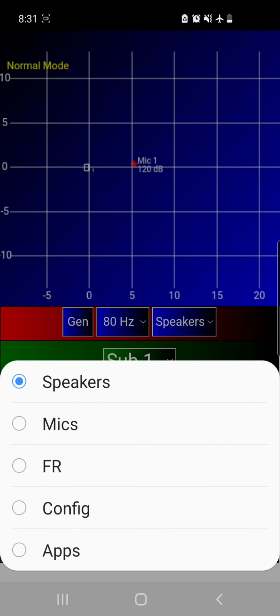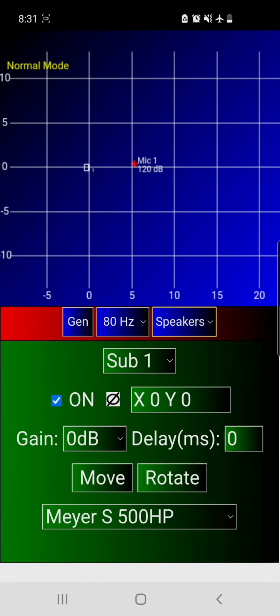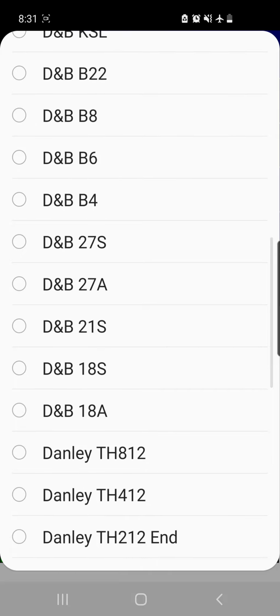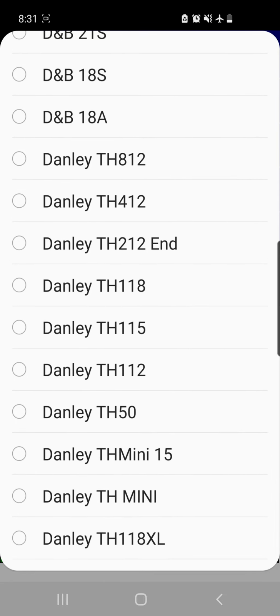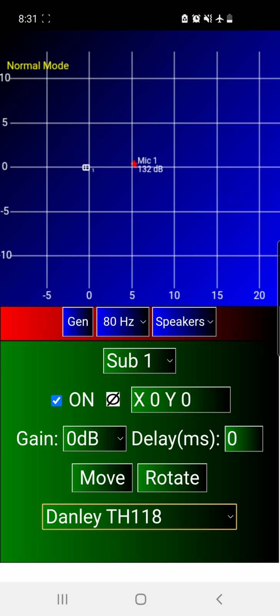See, for example, this one, the Meyer 500, it has a dip right there at 63 hertz. It has an attenuation. So that's the problem for people trying to understand, trying to educate themselves, or for professors trying to explain what's going on.